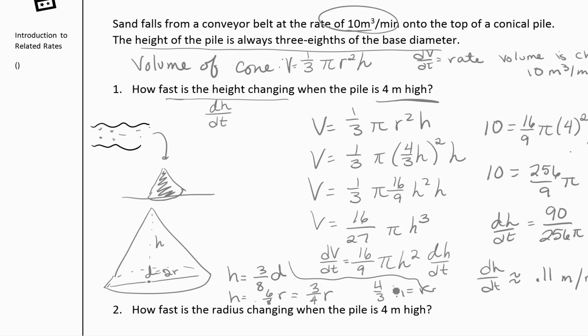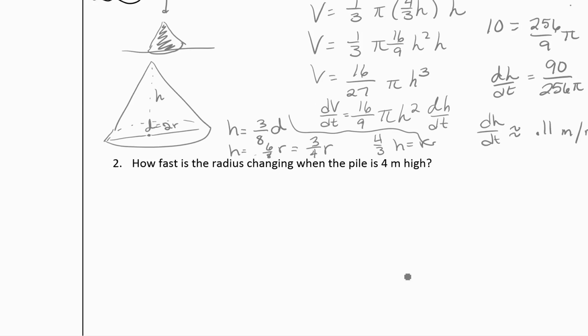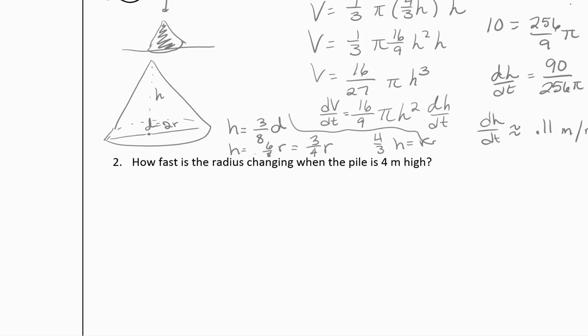Okay. Now, what if we're asked for how fast the radius is changing? Here we're still talking about the volume, but now we want the volume in terms of the radius. We know that the height is 3/4 times the radius, so we're going to plug in 3/4 here.